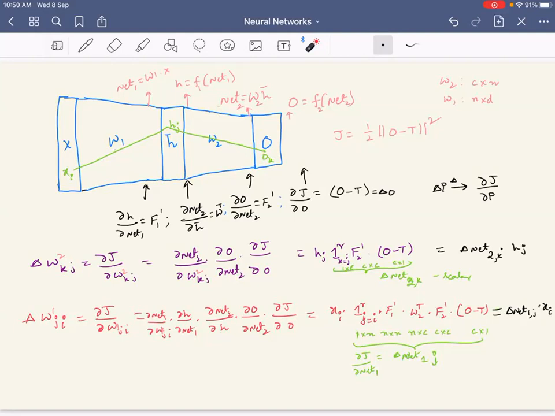So what is a local derivative here? If I want to find the local derivative here, where H equals F of net 1, what does it mean? The gradient will come from here to here. So what is the local derivative here?